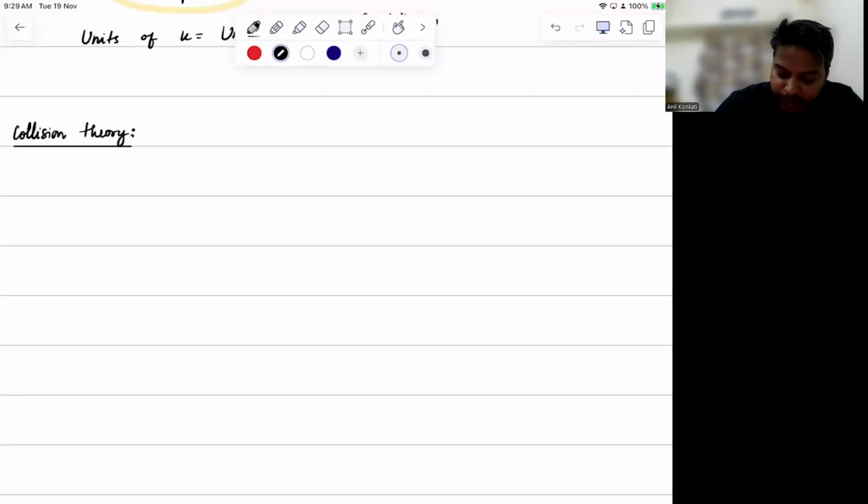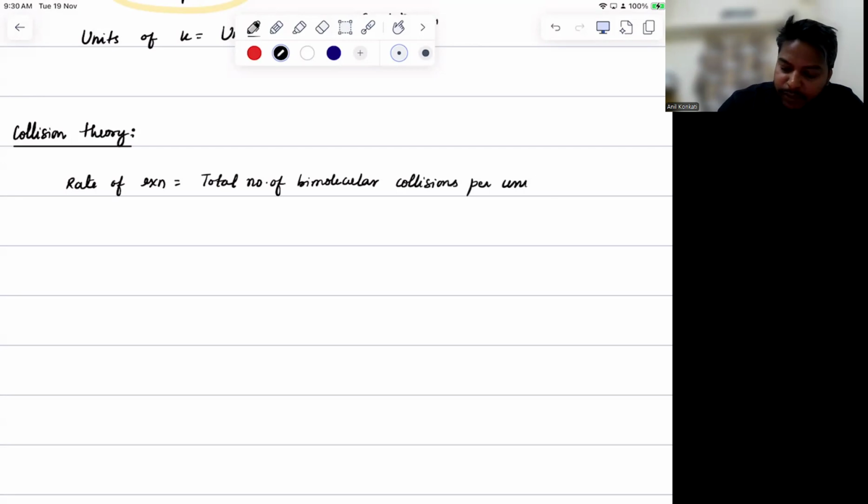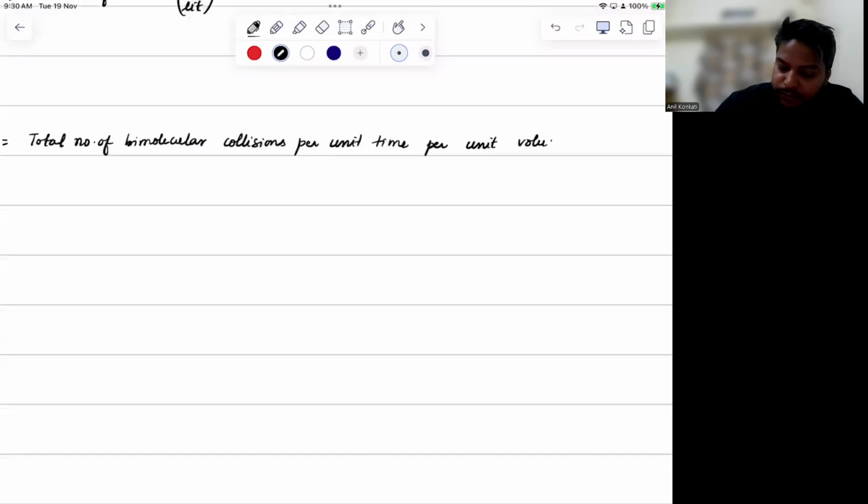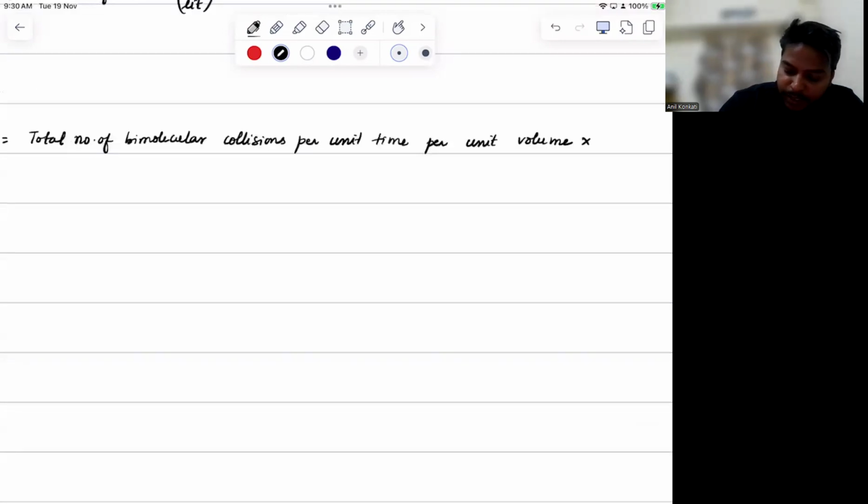So what I could say is that the rate of reaction can be simply the total number of bimolecular collisions per unit time per unit volume, multiplied by the fraction of reacting particles which have a good orientation.